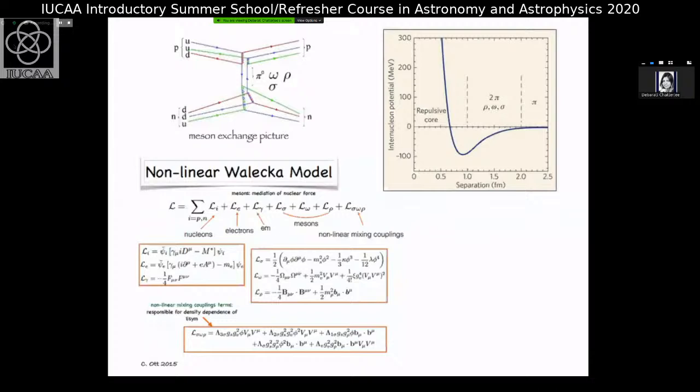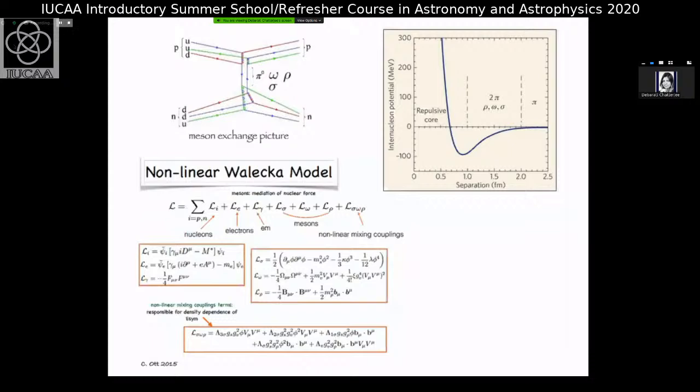This Lagrangian can be written in terms of the different contributions: the nucleons, the electrons, the electromagnetic term, the different mesons I talked about, which mediate the interaction, and there are even non-linear mixing couplings between the mesons.